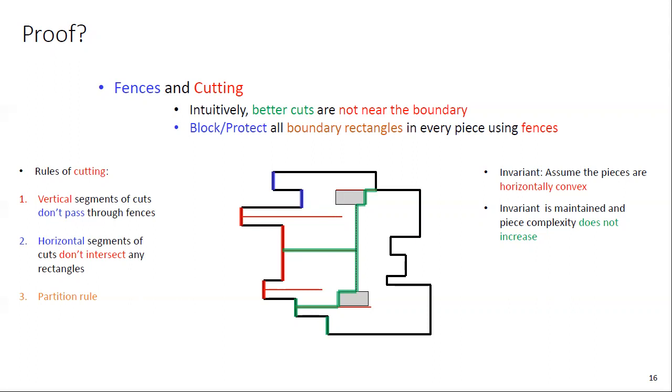And by this invariant that we maintain, we can claim that there is only this part of the cut that may intersect rectangles. Here we can intersect some rectangles, it's okay, but we don't want to intersect rectangles that are protected by the fence. So this is actually the important fact that we will use in the analysis, that in our cuts there is only one vertical segment that may intersect some rectangles of the optimal solution.